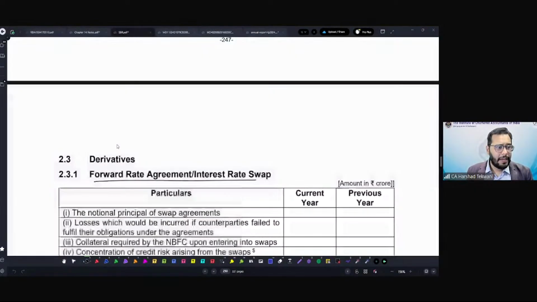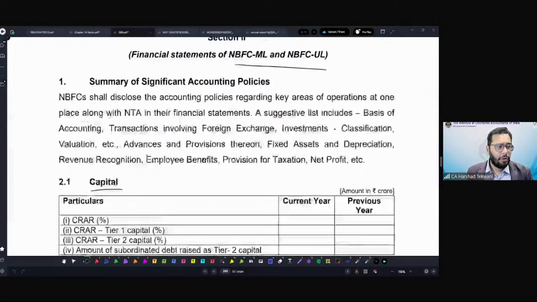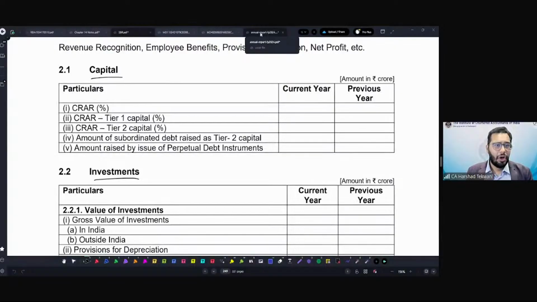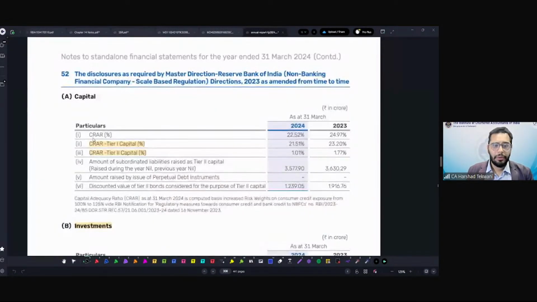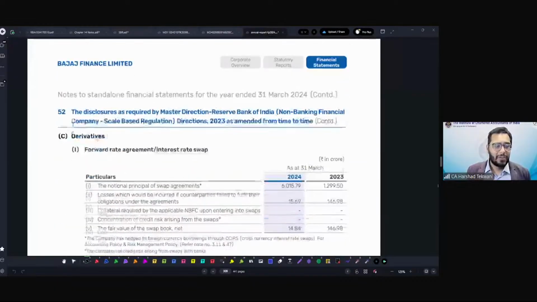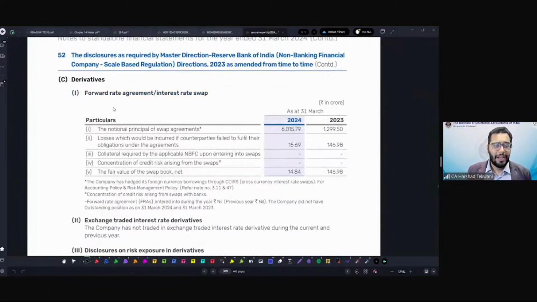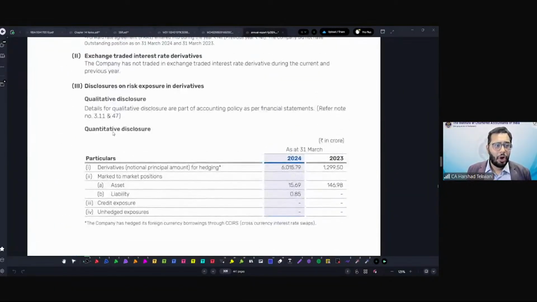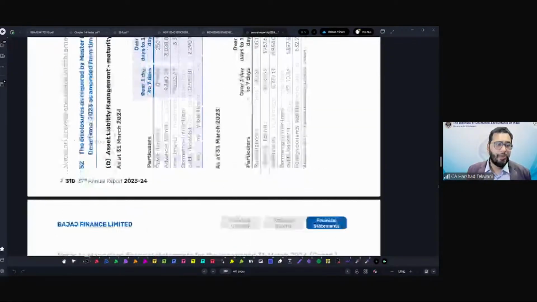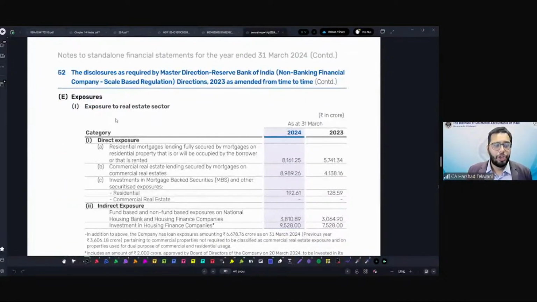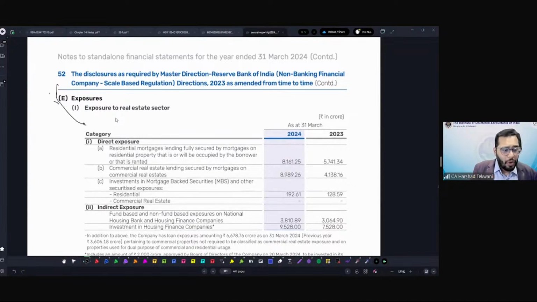SBR capital related reporting requirements. Over here, this is your SBR capital related reporting requirements. So same way, investments in India, outside India, your forward rate derivatives, swap, quantitative disclosures. Now then you will have a general reporting, exposure to the real estate sector. From here you have that general reporting that we saw in Section 1 basically.